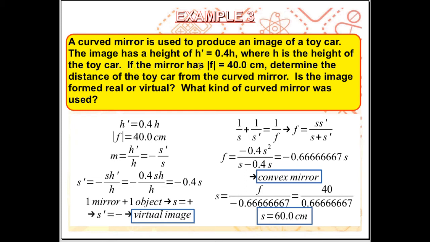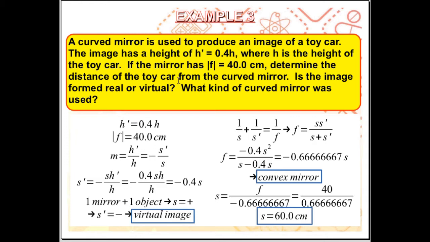If the mirror has an absolute value of f equal to 40.0 centimeters, so absolute value of the focal length. So we don't know if the actual f is positive or negative, but we know the absolute value is 40 centimeters.